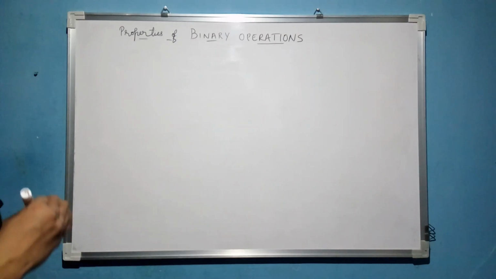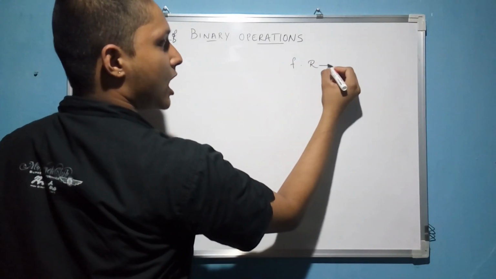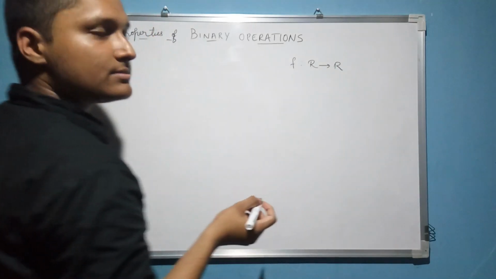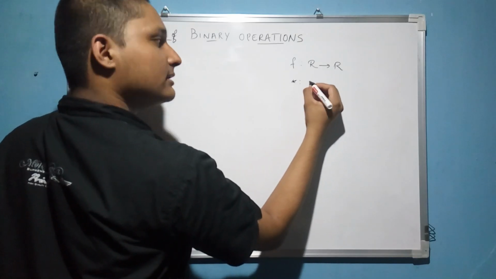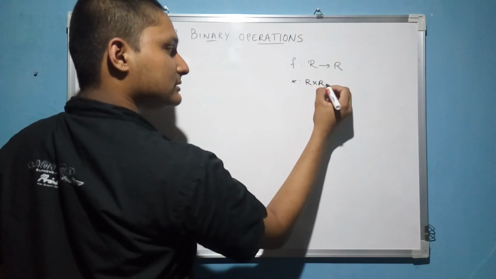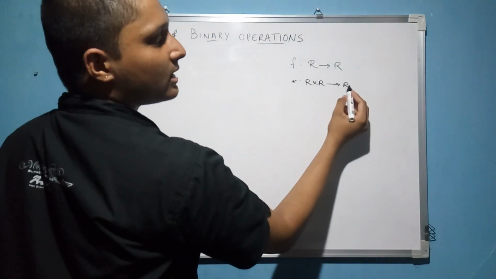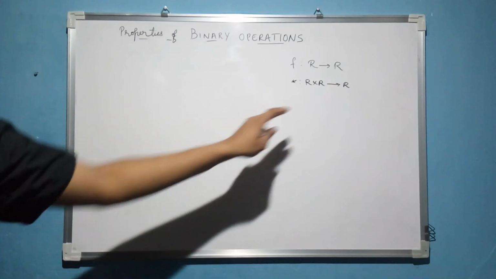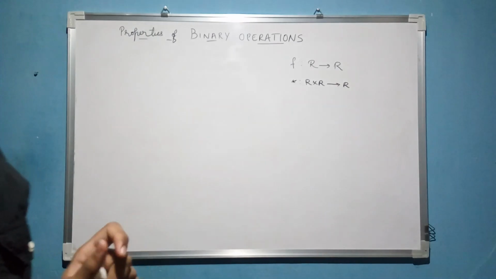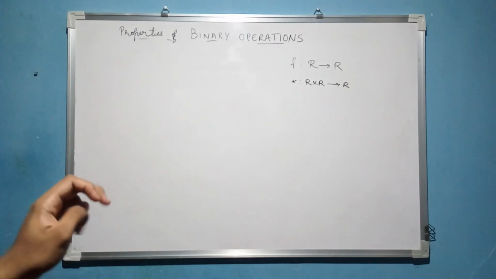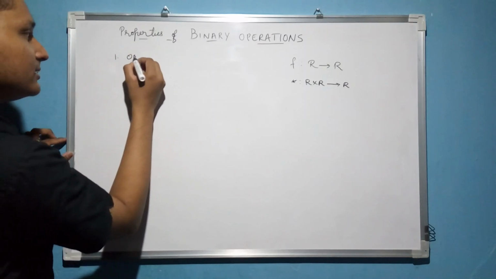In a function, you say that f is a function from the set R to R. Similarly, here you are saying that star is a binary operation from the set R cross R to R. The difference is that on the left-hand side you are choosing from the Cartesian product, but here you are choosing only the elements of the set.